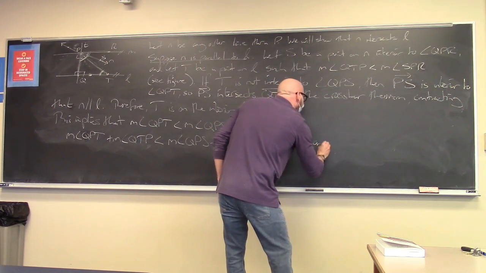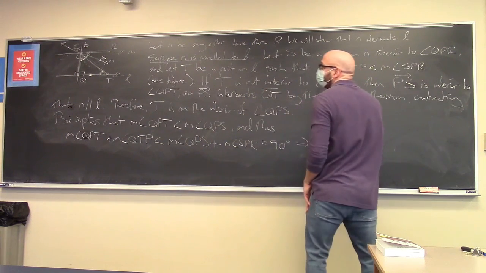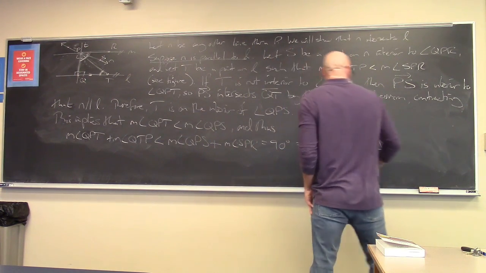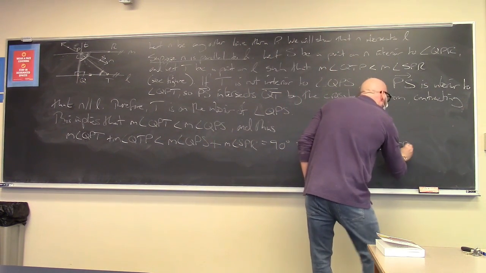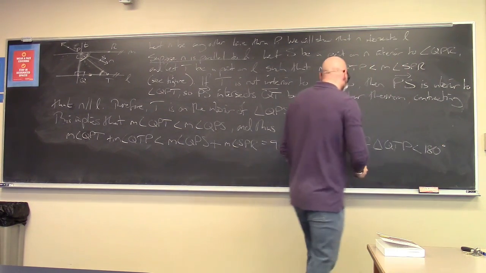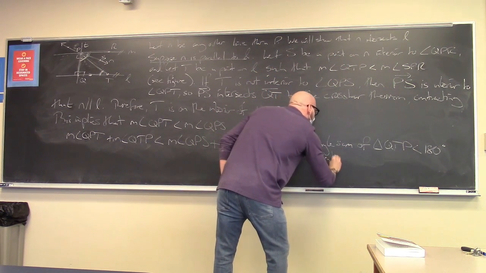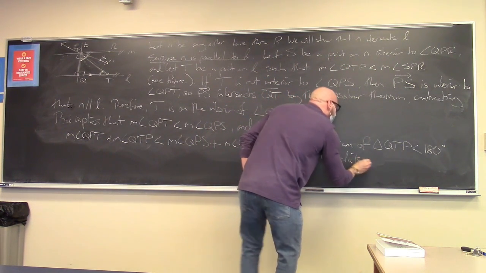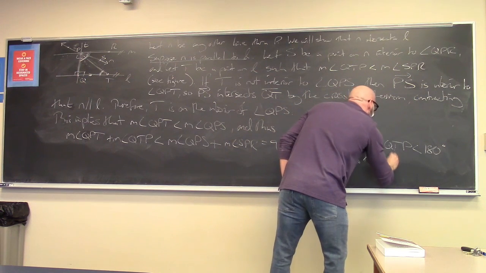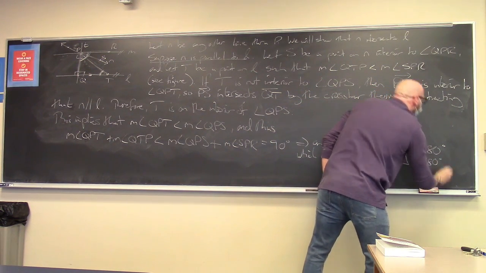Which implies that the angle sum of triangle QTP is less than 180, which is a contradiction. Which contradicts that all triangles equal 180.